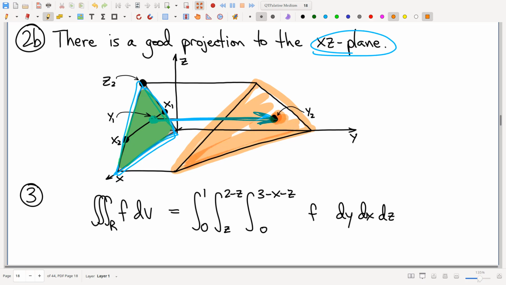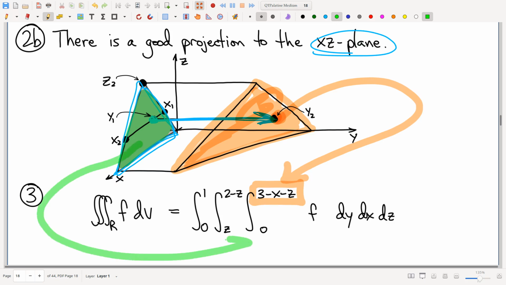And again, the key point is I messed up the coloring, but it's consistent. Always the same upper bound. So if you solve for y in that equation, that gives you the upper bound for y, and if you solve for y in this equation, it will give you the lower bound for y. So it works out nice.